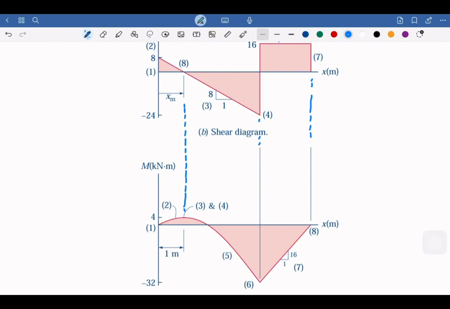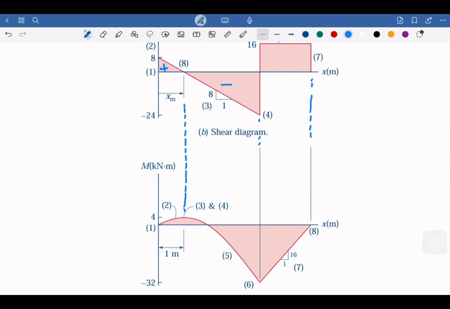It changes from positive to negative, right? So there will be a change at this point, which, if we compute, is 1 meter. So this goes up, then reaches a maximum, then goes down.